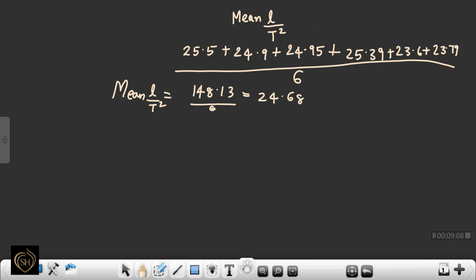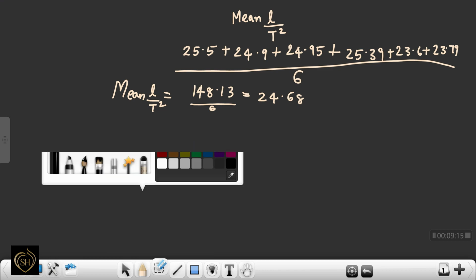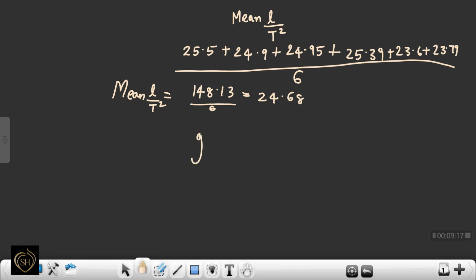Next, we have to calculate acceleration due to gravity. That's our aim. Acceleration due to gravity at the place. That is acceleration due to gravity G is equal to 4 pi square L by T square. This L by T square is mean L by T square.